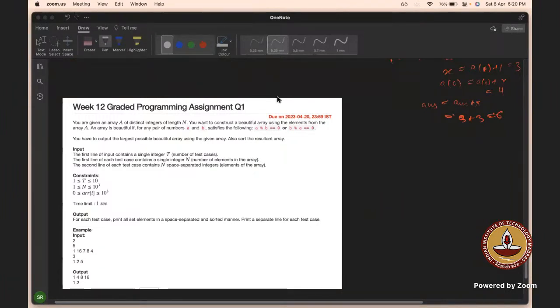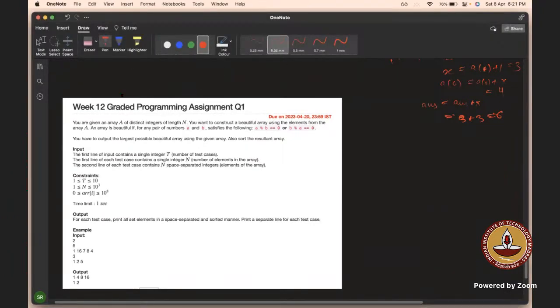So in this problem, what we're given is an array A of distinct integers of length n. You want to construct a beautiful array using the elements from the array A, and we have given the definition of what is a beautiful array, that is for any pair of numbers A and B, which satisfies the following condition: A percentage B and B percentage A is equal to 0.